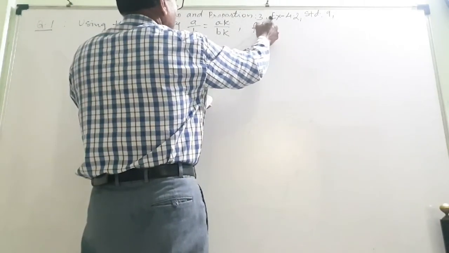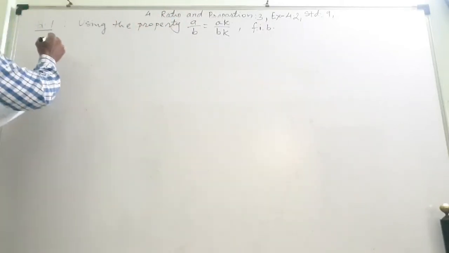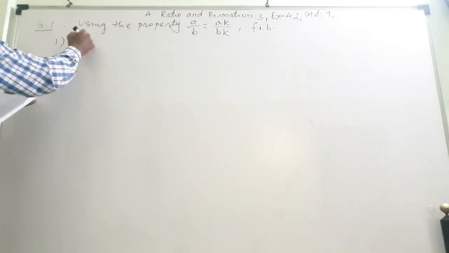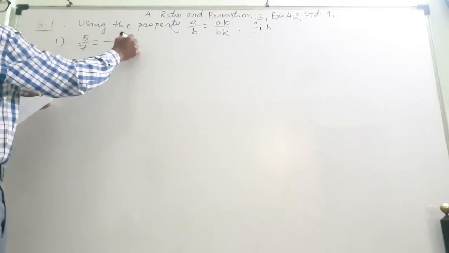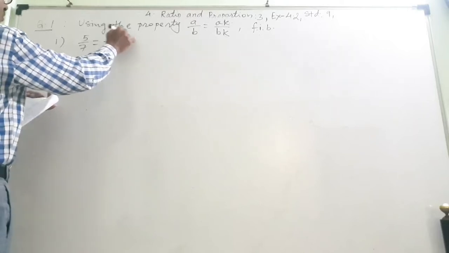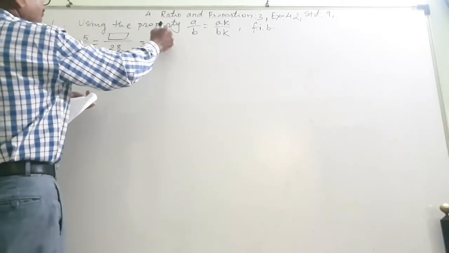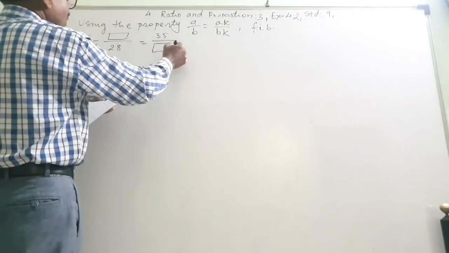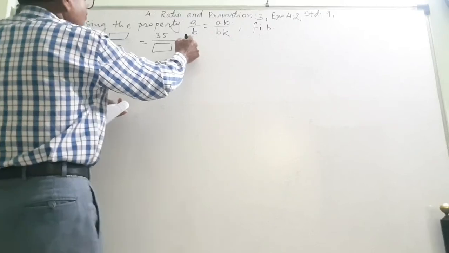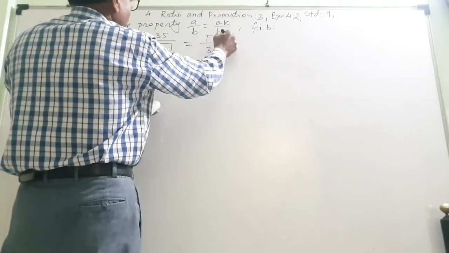Number 1 is 5 upon 7 is equal to 28 upon here I want to fill something, that is equal to 35 upon, we have to fill here something, is equal to 3.5 and fill something here.